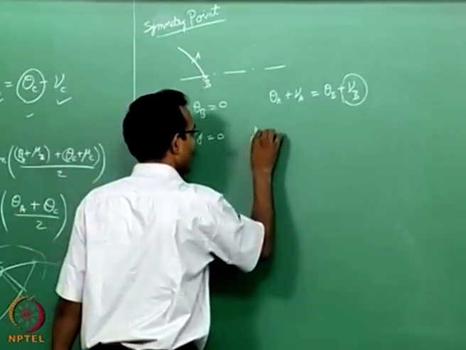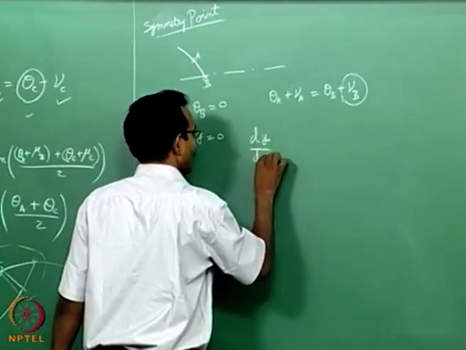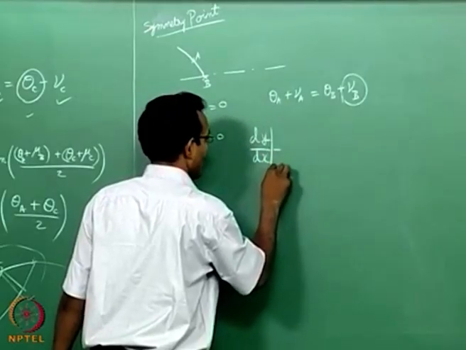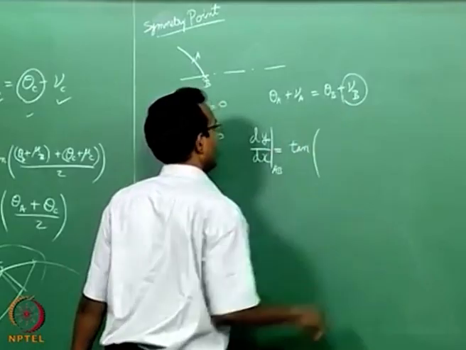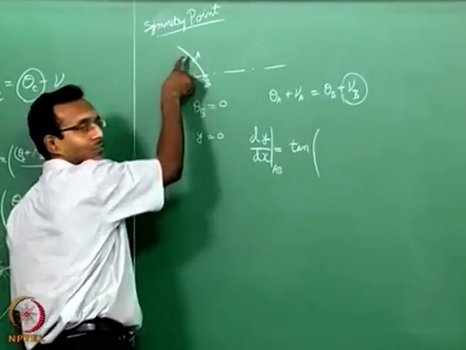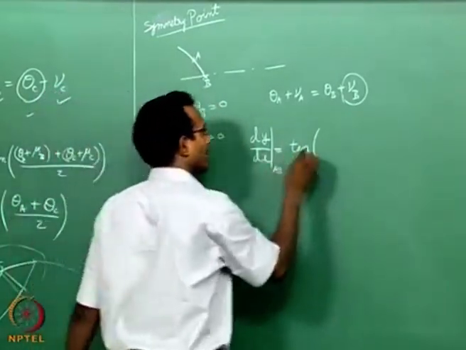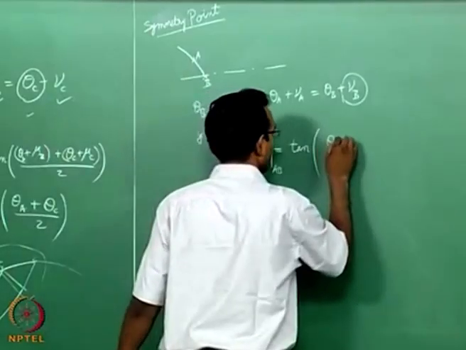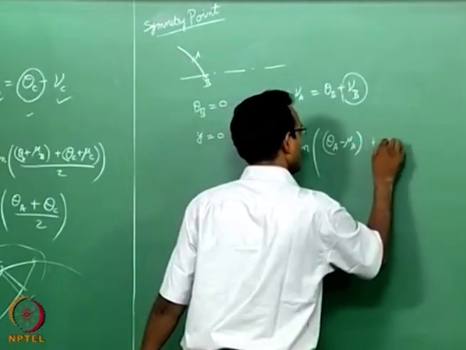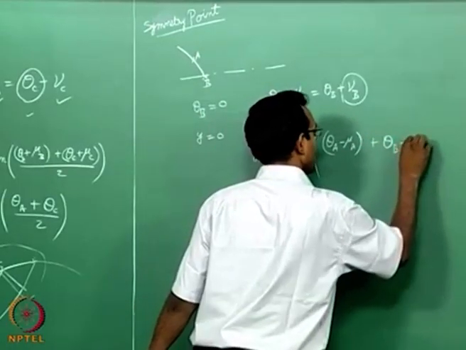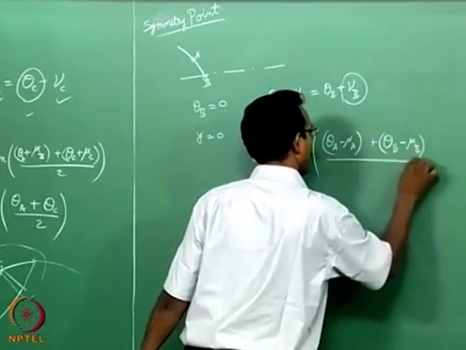Again dy by dx of AB is given by tan of the average of thetas and mu's, and it is a negative characteristic. So it is theta A minus mu A plus theta B minus mu B, whole divided by 2.